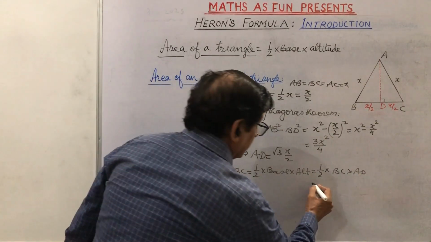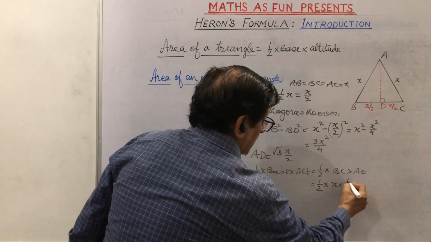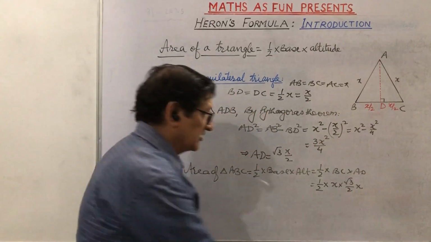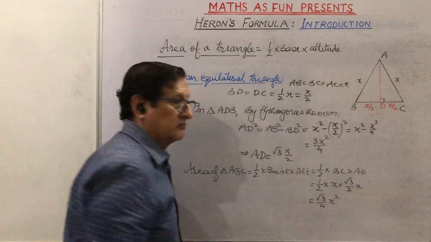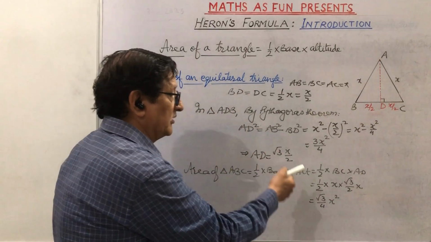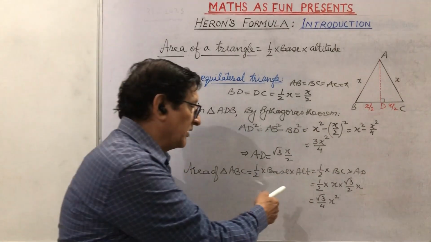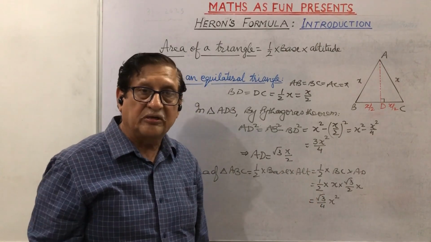Substituting the values we get half into BC, which is x, into root 3 by 2 into x, which gives us root 3 by 4 into x square. It means we can get the area of the equilateral triangle also by the formula, that is root 3 by 4 into the square of the length of each side.